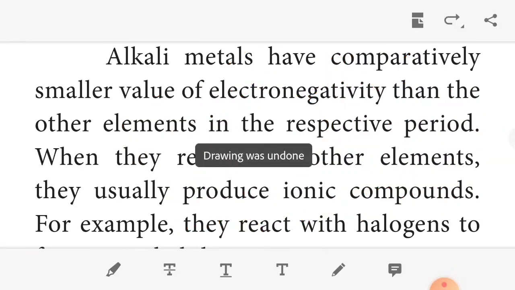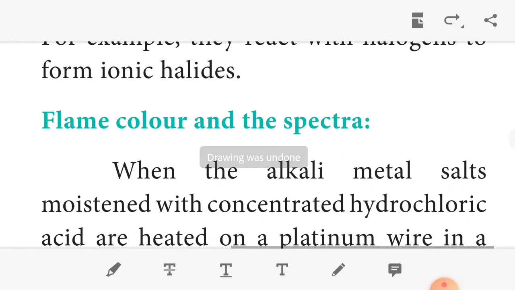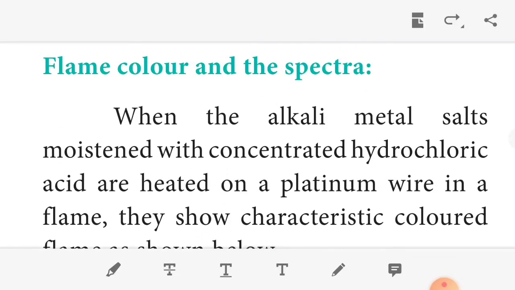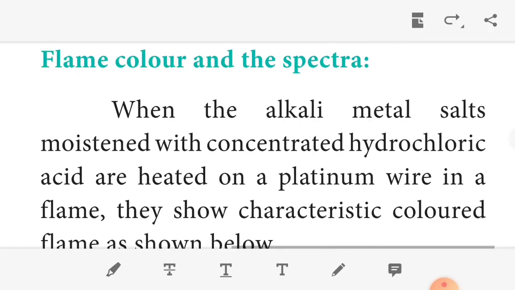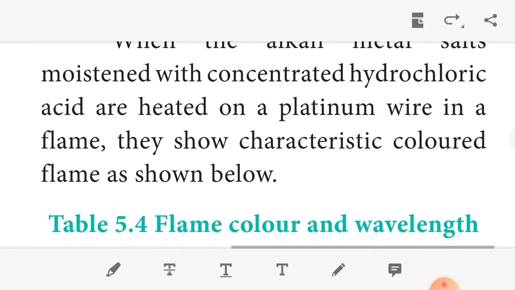The next topic is flame color and the spectra. What is flame color and the spectra? When alkali metal salts are moistened with concentrated hydrochloric acid and heated on a platinum wire in a flame, they show a characteristic flame color.